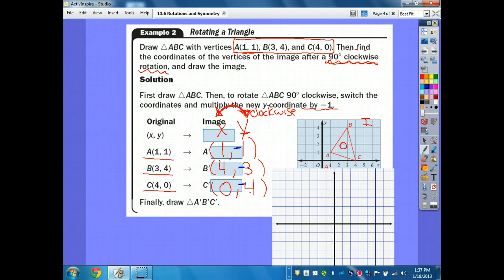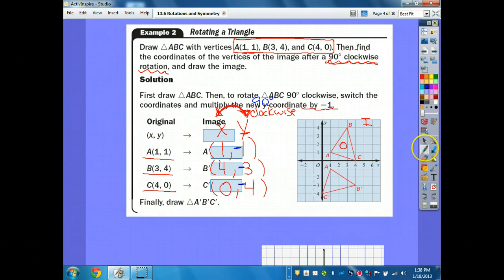Now, let's put our rotation on the graph. So graph your new rotation. This is 90 degrees clockwise. So what quadrant will it end up in? It'll be in quadrant 4. And how do I write 4?